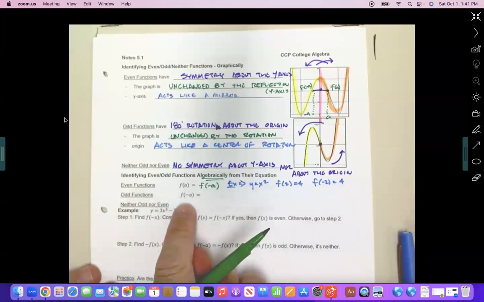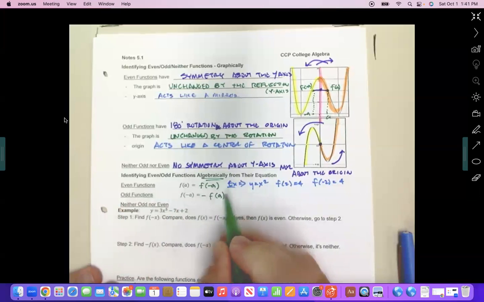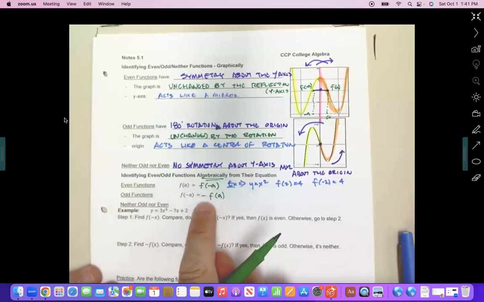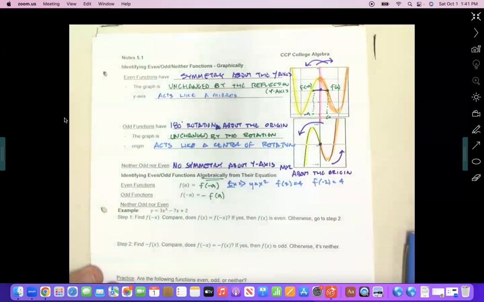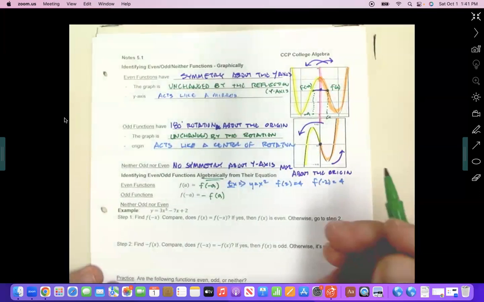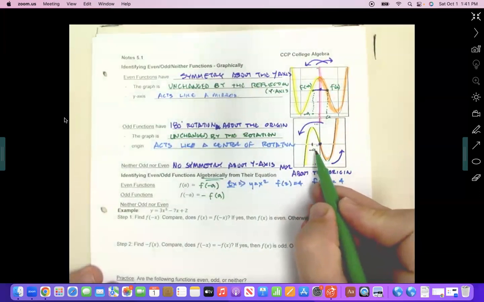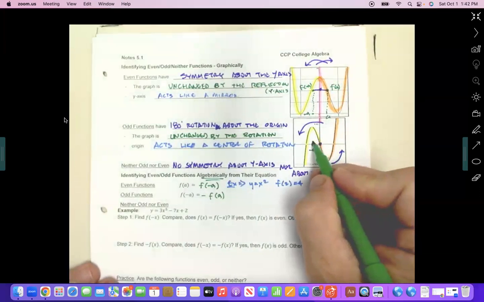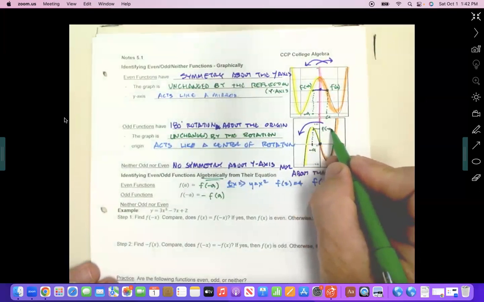If we enter in the function the value of the opposite of a, what we're going to get out is the value of the function at a with the sign changed. Okay, so let's take a look at an example up here. If we substitute the opposite of a into this function, it's going to give us this value that we'll call f of the opposite of a.